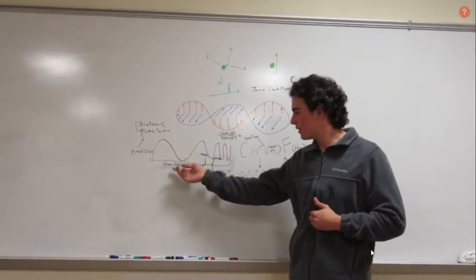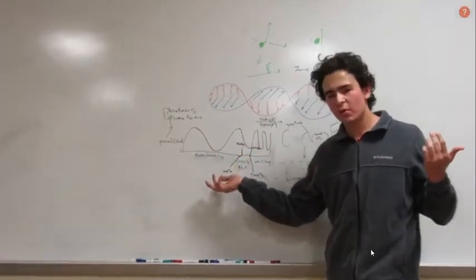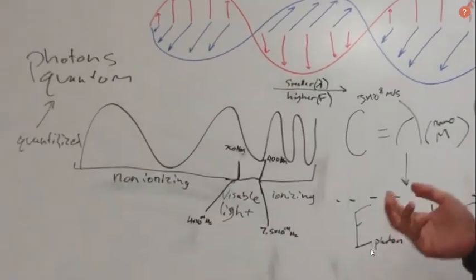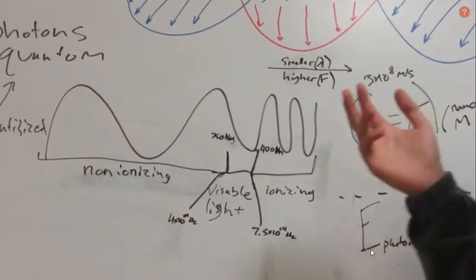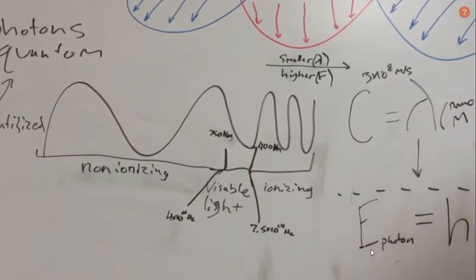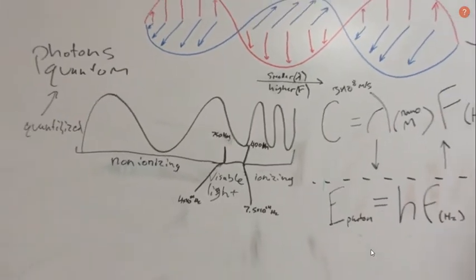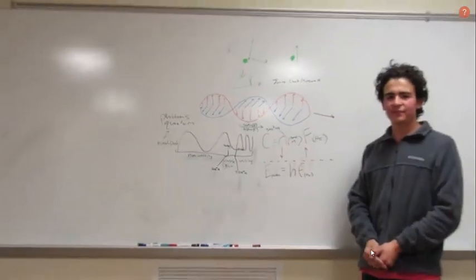As for the non-ionizing, like our cell phones, our Wi-Fi, radio waves, all of that, they're not going to have enough energy in their photons to do that damage to our cells. And that's pretty much it. That's what I want to go over. So, thank you.